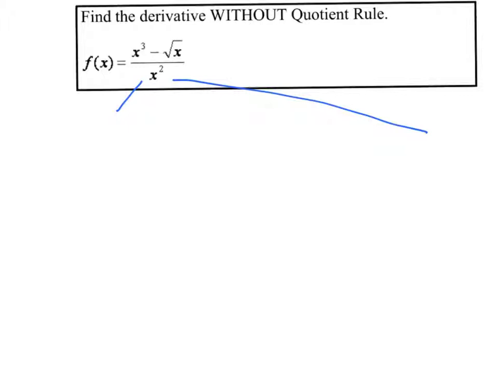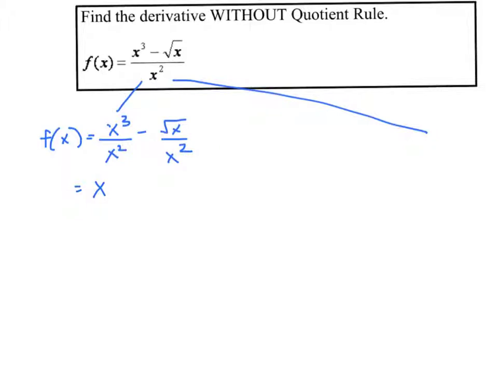But let's say, what if I rewrote this as x cubed over x squared minus the square root of x over x squared? Well, x cubed divided by x squared is just x.